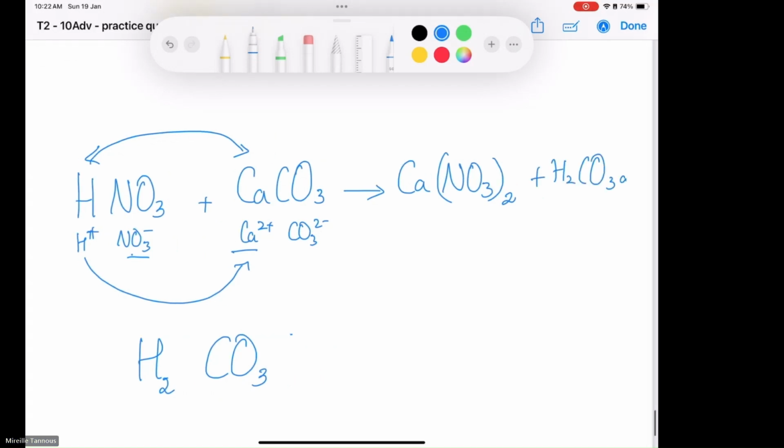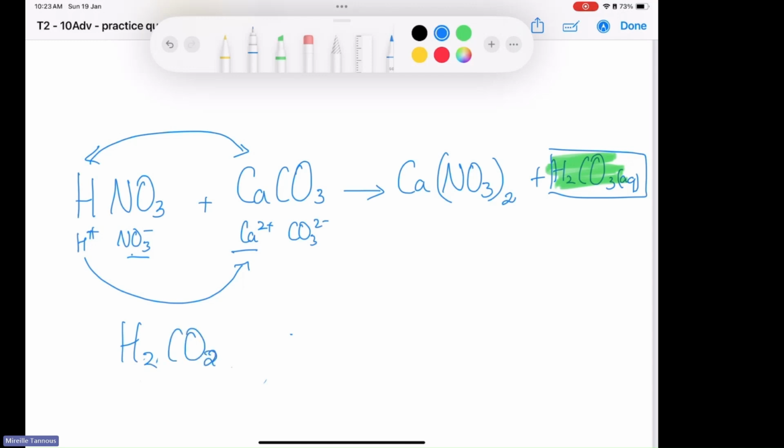CO3 aqueous. Now there is a rule that I will also mention in class, that specifically this compound, the only compound, will undergo further decomposition automatically. When it is formed, it decomposes into carbon dioxide gas.